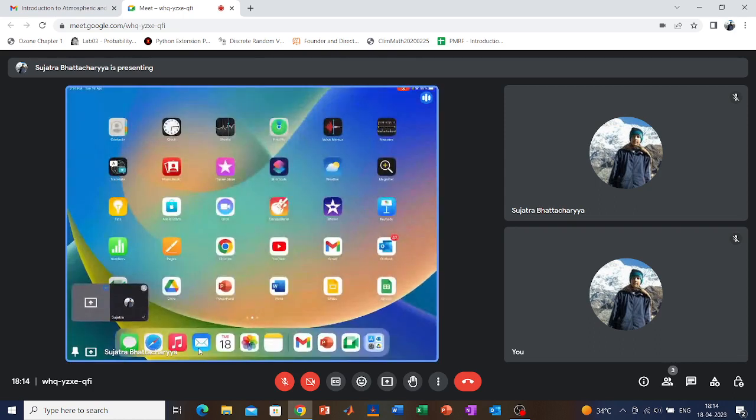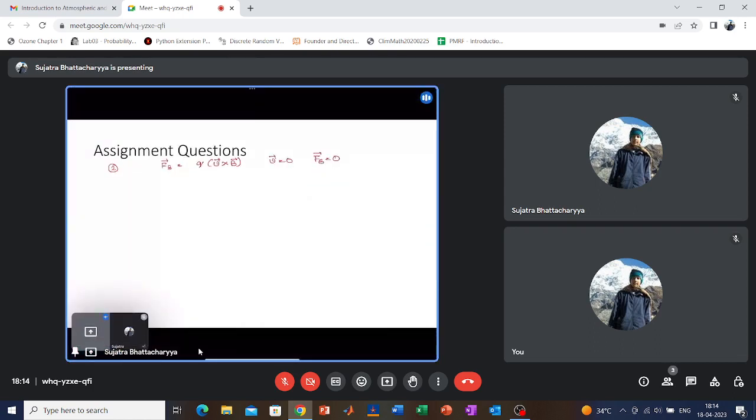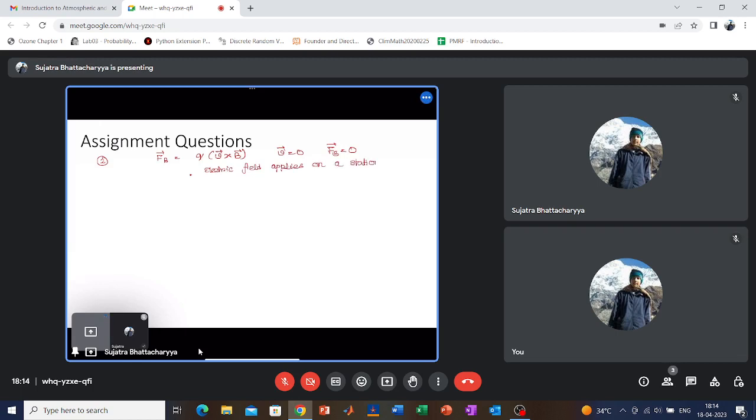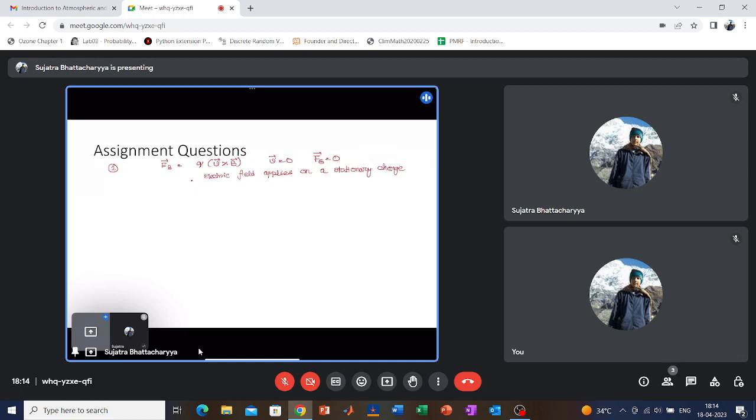No doubt, the electric field definitely applies on a stationary charge, but we have seen in the first question also that it applies on a moving charge, which we have seen just now.